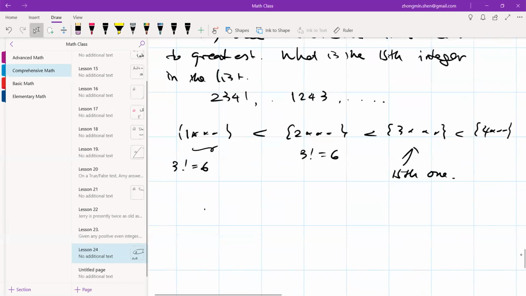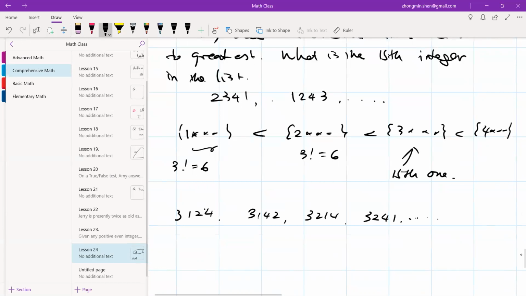So you just need to begin with the 3 first. Then 3, 1, 2, 4, then 3, 1, 4, 2, then 3, 2, 1, 4, then 3, 2, 4, 1. Then the others are going to be 3, 4, 1, 2 and 3, 4, 2, 1. So you can list all 6.